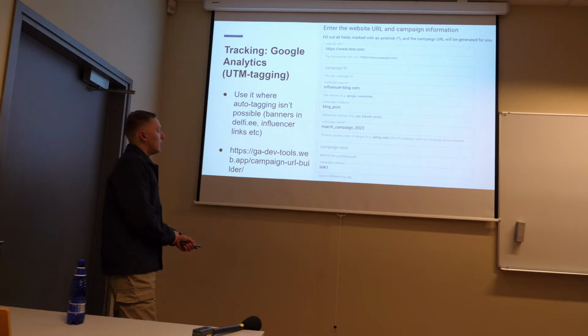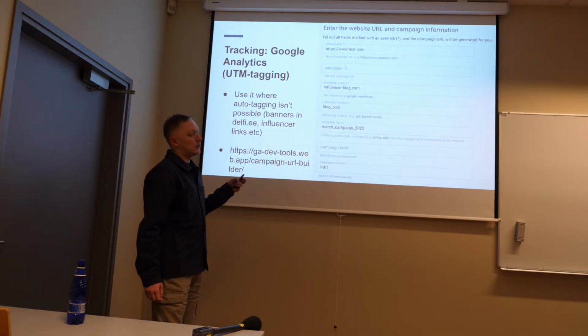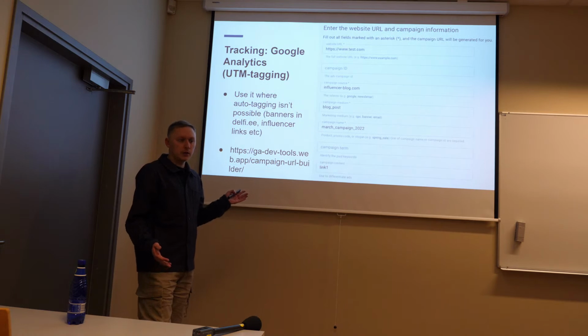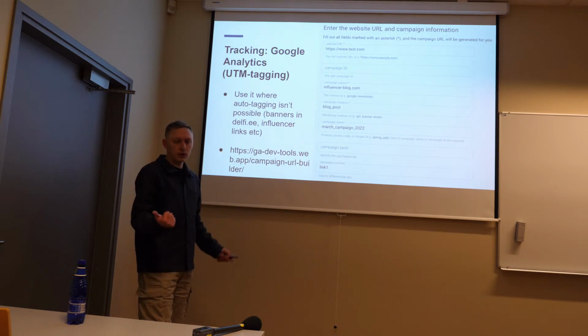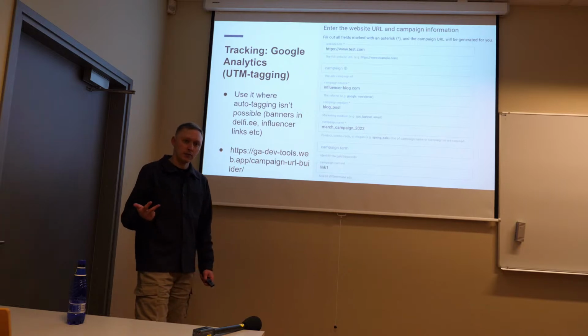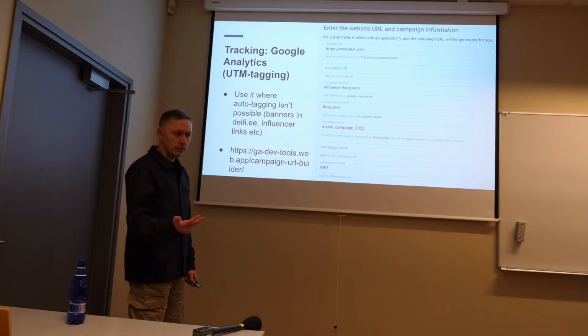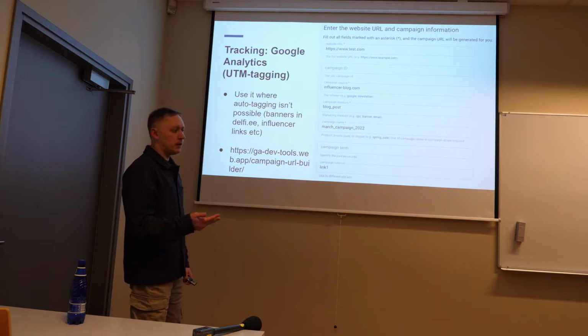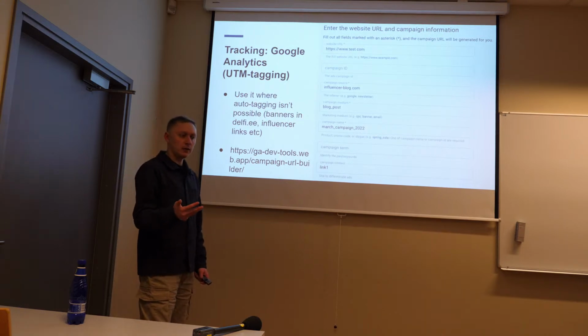Now, what concerns the other marketing channels that aren't Google Ads or Facebook Ads or other bigger platforms that have auto tagging enabled. If you send newsletters, then MailChimp also has auto tagging enabled.